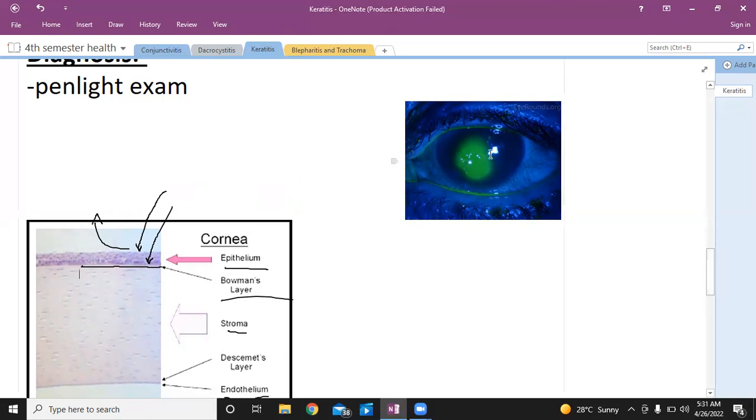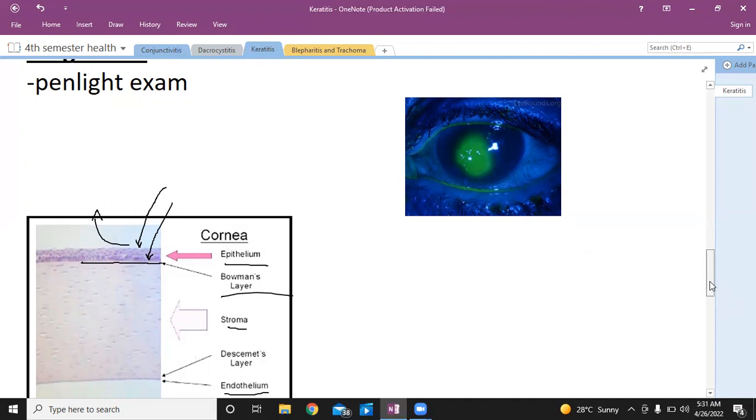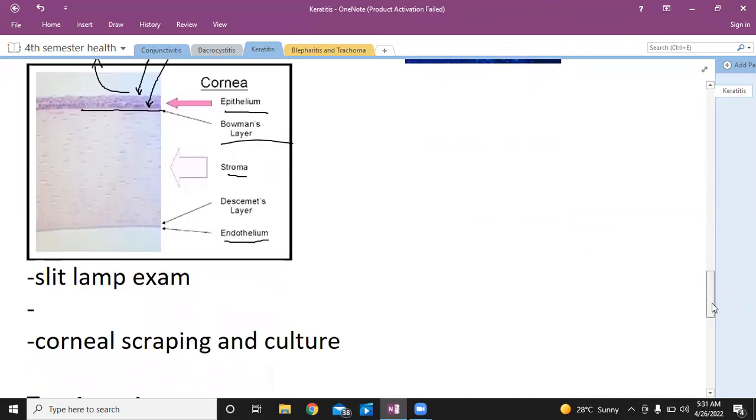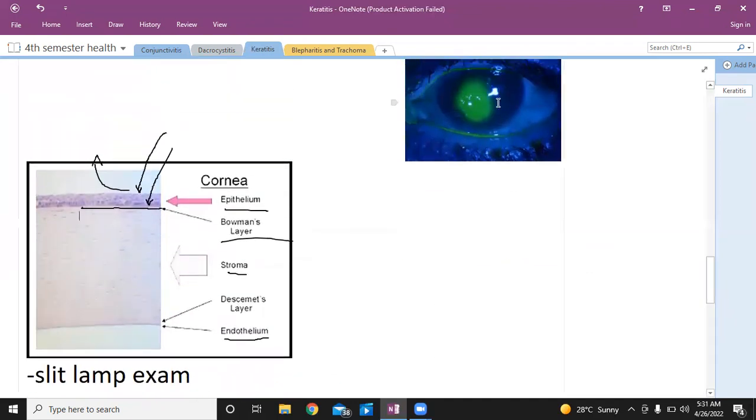And if there is no green opacity, it means that there is no corneal abrasion or corneal ulcer. This is one thing you need to keep in mind before treating the patient. You are diagnosing it, so you have to diagnose properly the extent of the disease.